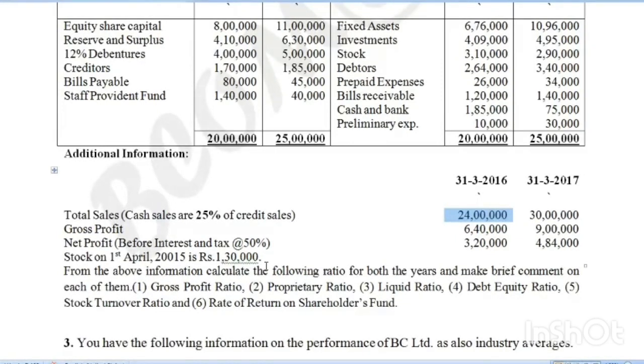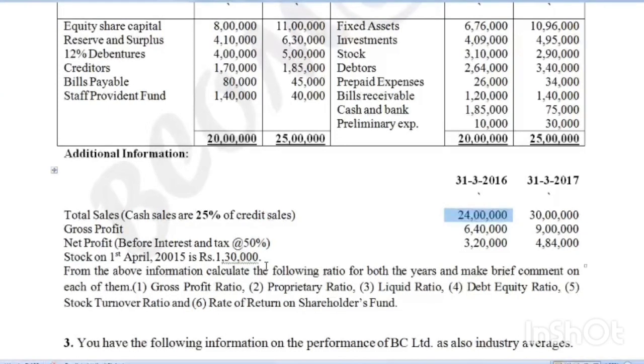You should assume, suppose credit sale is 100, then cash sale is 25%, that is 25. That means total sale is 125. So out of 125, it is 25.